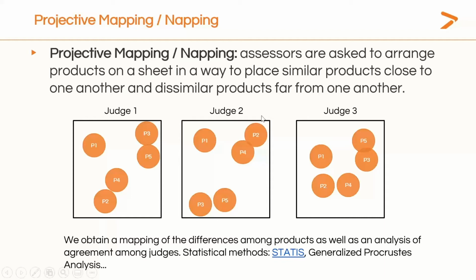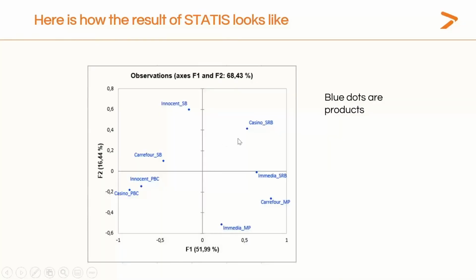And how does a typical STATIS map look like? Looks like this. So you have a map that looks like a PCA map, and blue dots are the products. So for now, I won't be commenting too much on this kind of maps. We'll have another example later on today to see how to interpret.